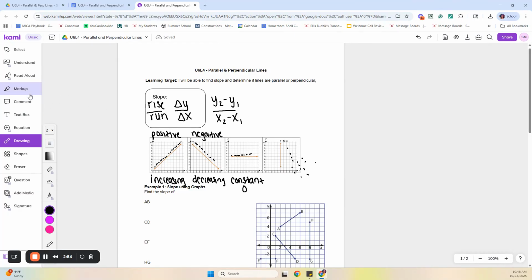Again, let me erase these little dots so it's not confusing here. It's going to be so broken up, it's going to be undefined for us. So we're going to say that slope, when it's a vertical line, is undefined. There's no defined slope for it.